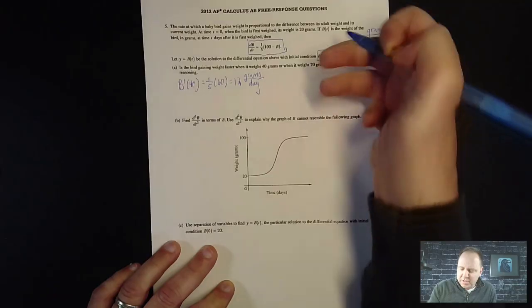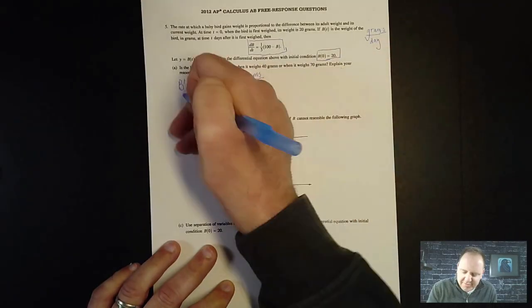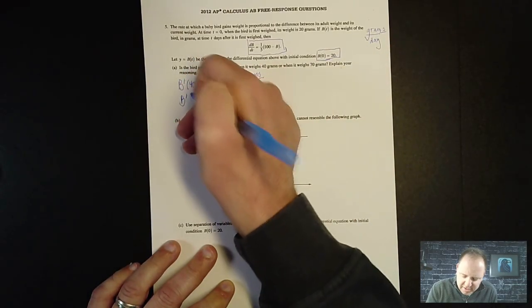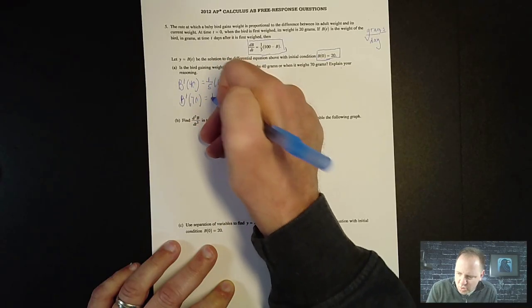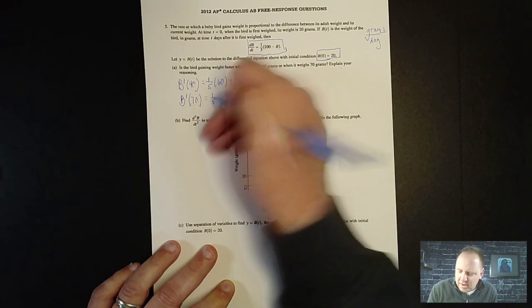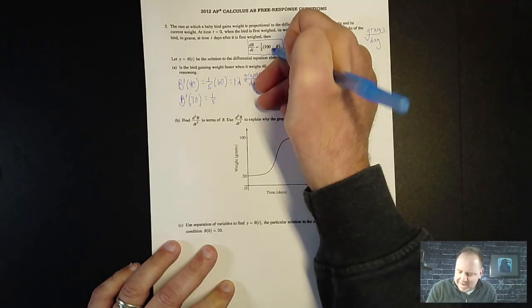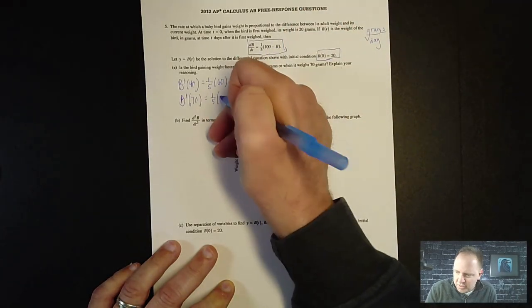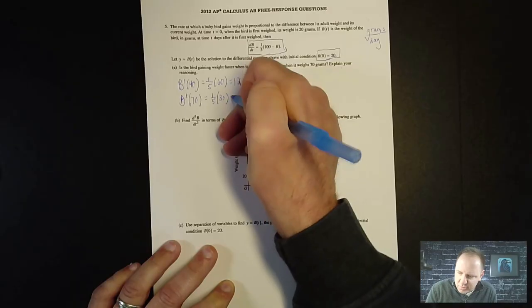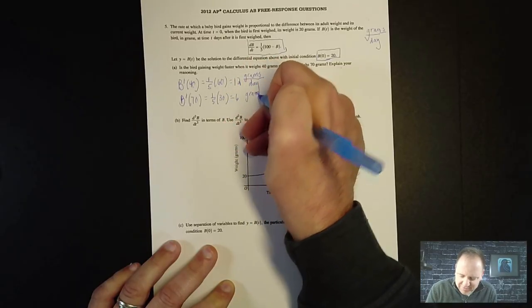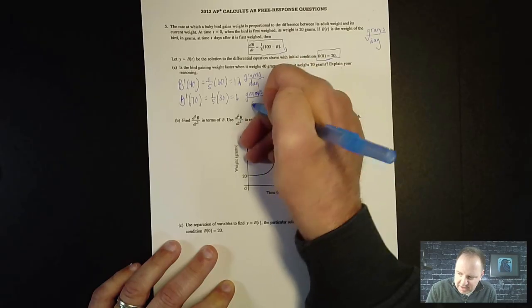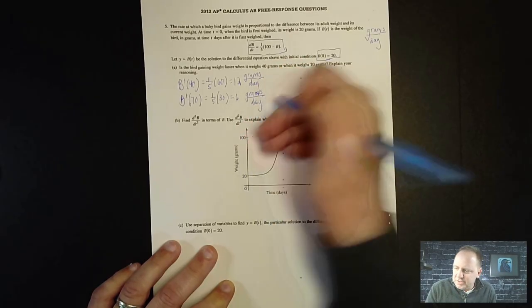Remember, that's the rate. At 70, so take B prime of 70, which is just the differential they're showing us there. So we'll take 1/5 of 100 minus 70, which would be 30. 1/5 of that would be 6 grams per day. So this was a pretty easy first part. Don't overthink it. Use their words, write a sentence.